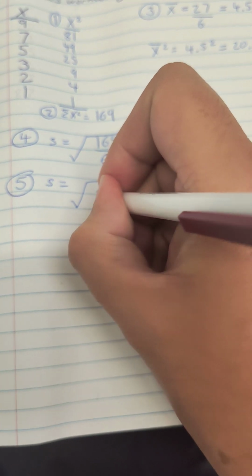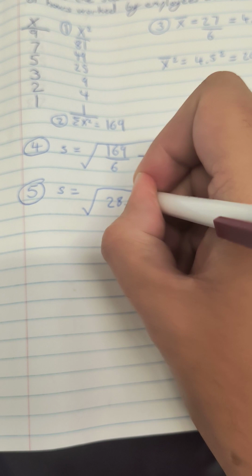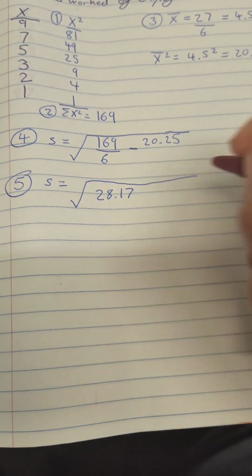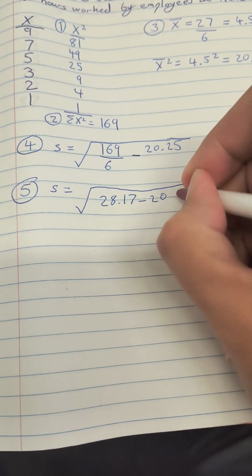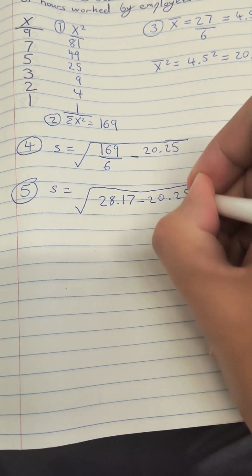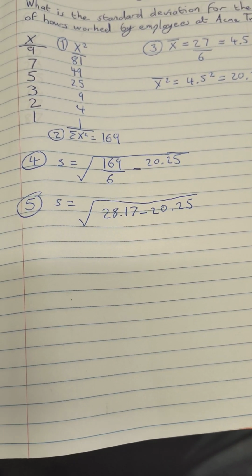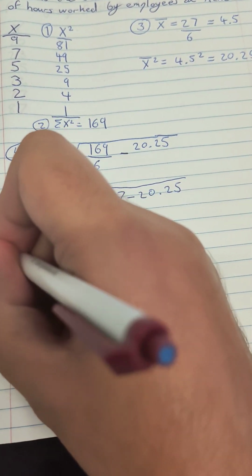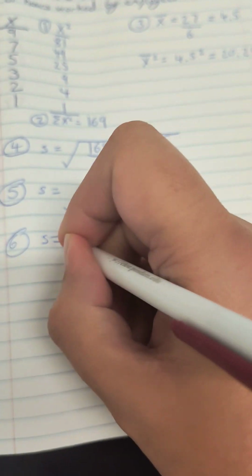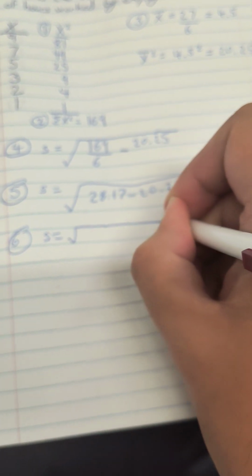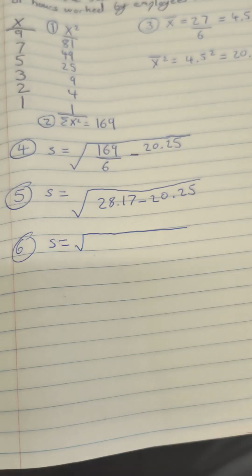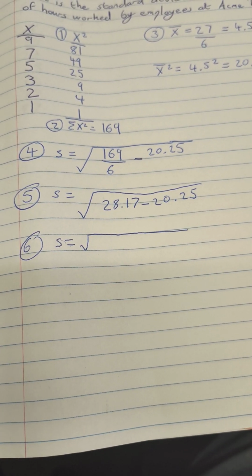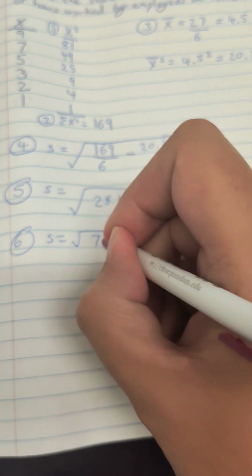Gives us a value to 2 decimal places of 28.17 minus 20.25. And then we can do the subtraction.